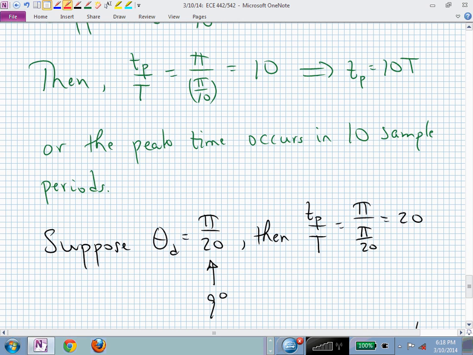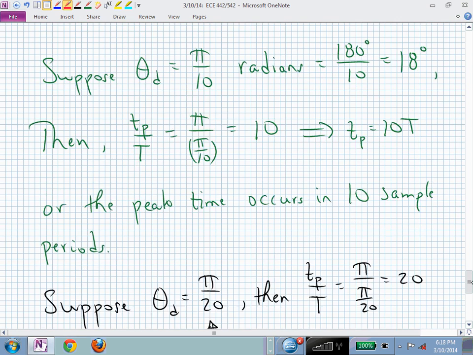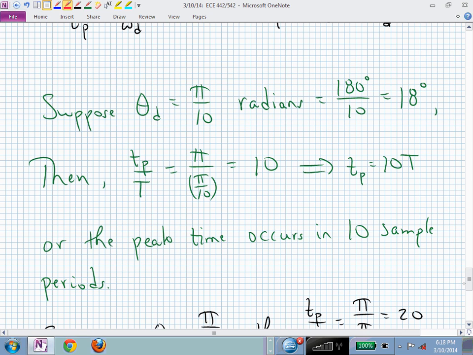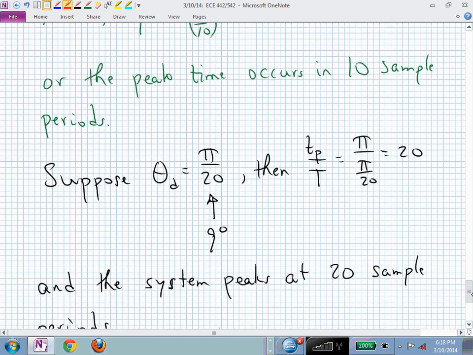Meaning, when I had an angle of 18 degrees, it took me 10 sample periods. So think of a sample period as 1 second. It took me 10 seconds to get to that peak. Now I make the angle shallower. Theta sub d is now 9 degrees.